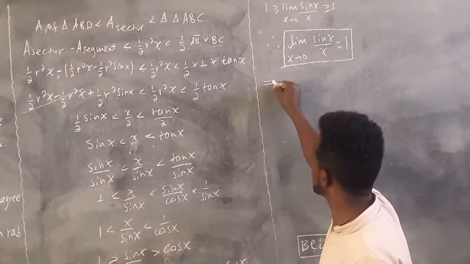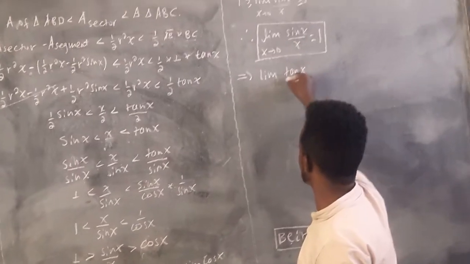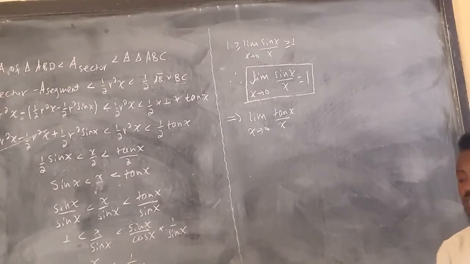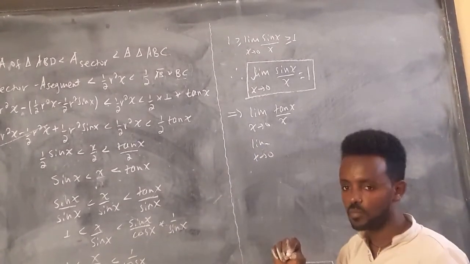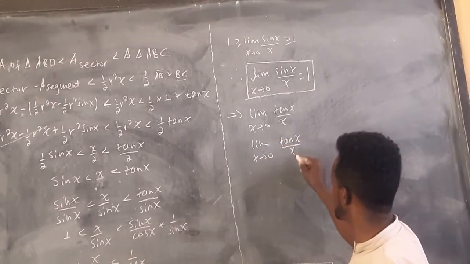The other thing is the limit of tan x over x as x approaches 0.